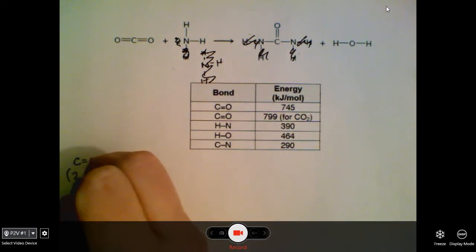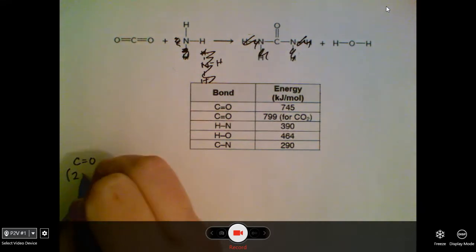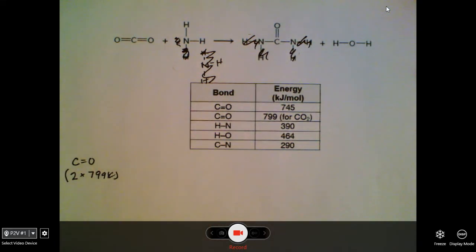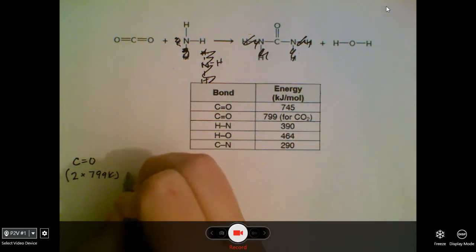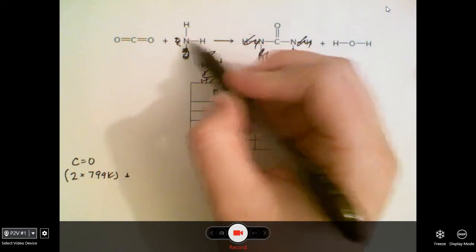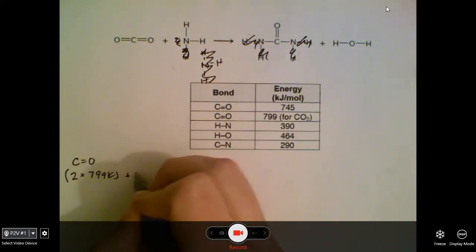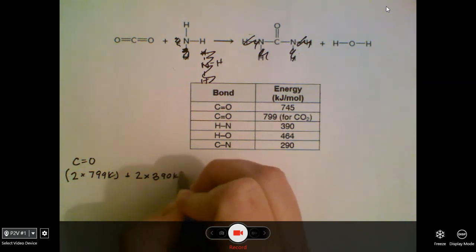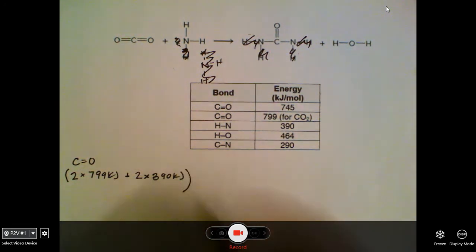So I'm going to put 2 here because I got 2 of them, times 799 kilojoules. Okay. And like I said, it's technically kilojoules per mole, but they will accept not having the mole part there, and they will not lose any sleep over that. So I've got the 2 times 799 plus now just these 2 NH3s here. So 2 times 390 kilojoules. That's kind of a dramatic parentheses, but that's okay.